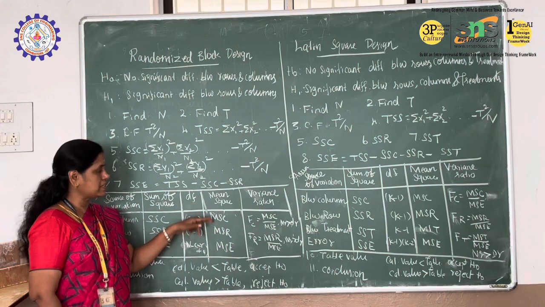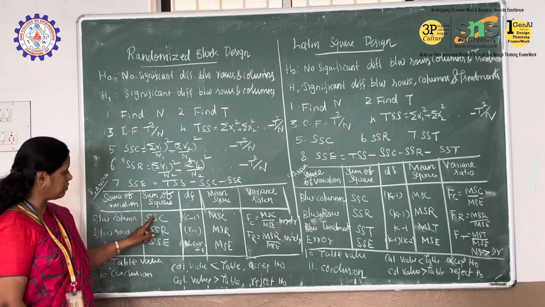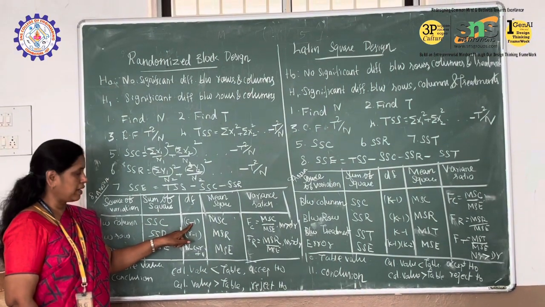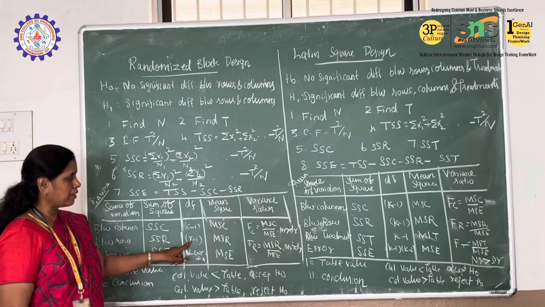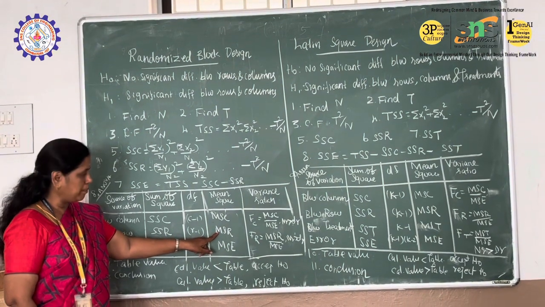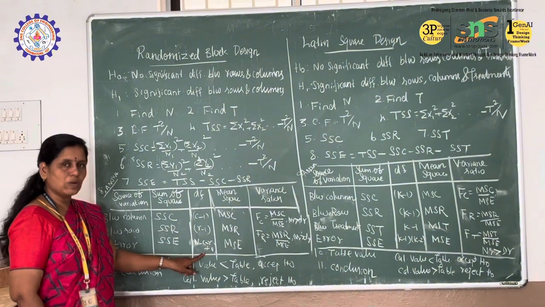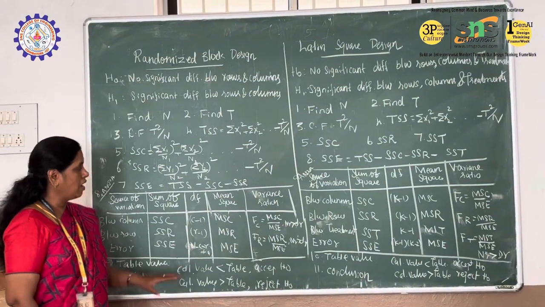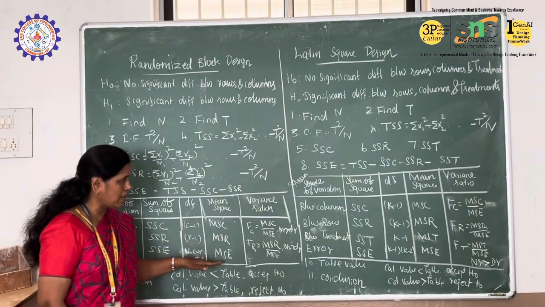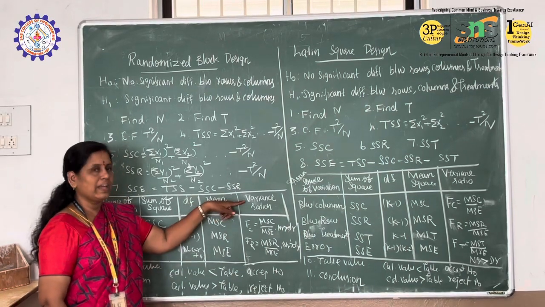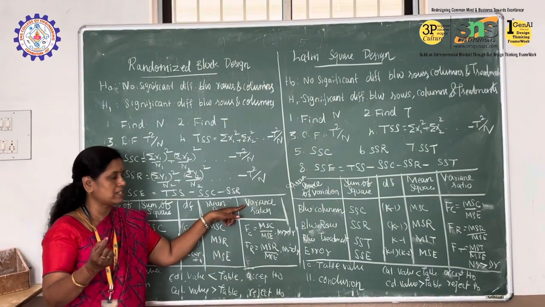After finding the degrees of freedom, next we move to the mean square values. MSC is calculated by SSC divided by c minus 1. SSR divided by r minus 1 is MSR. SSE divided by n minus c minus r plus 1 is MSE. After finding MSC, MSR and MSE, we have to calculate the variation ratio.